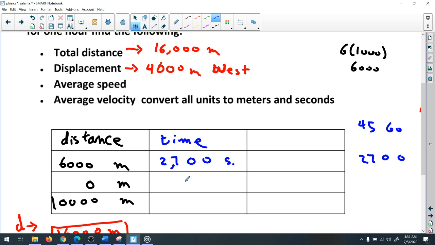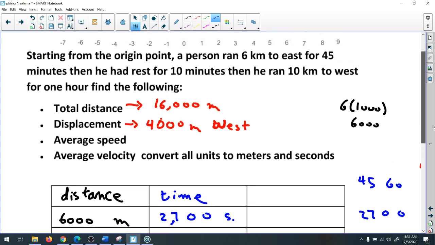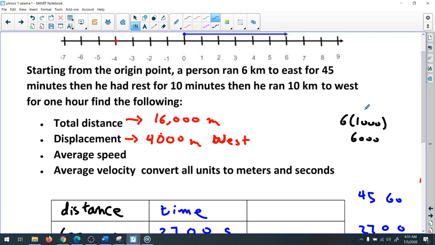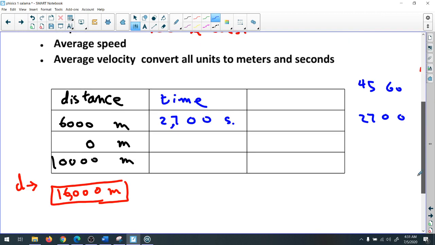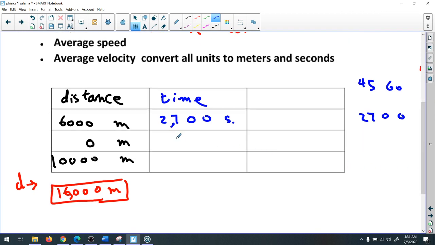And the second part of the trip, he got rest for 10 minutes. So 10 times 60 is 600 seconds.